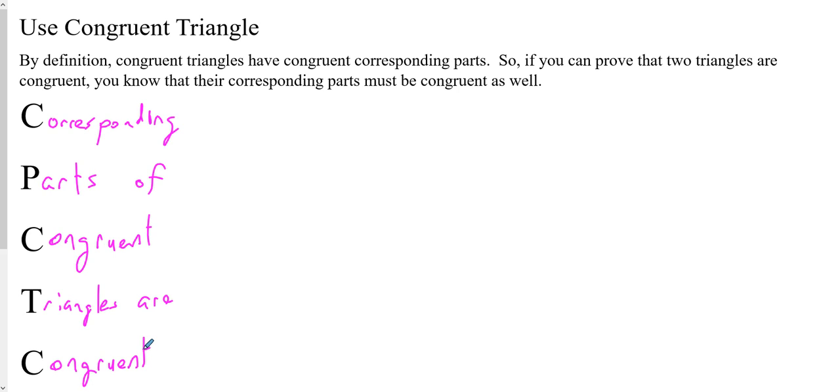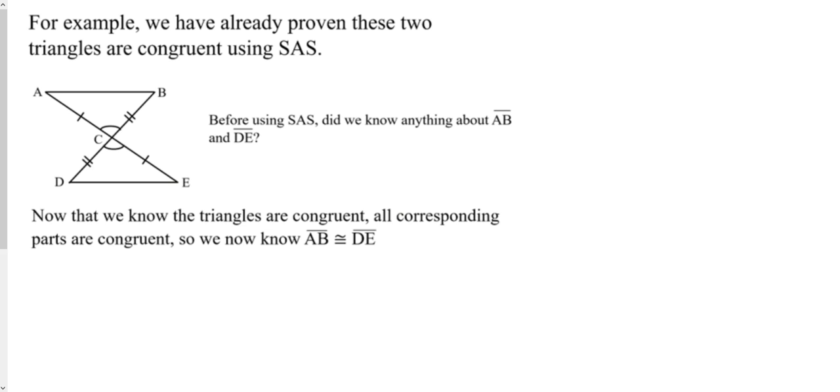So once we know that the triangles are congruent, we know all of the corresponding parts of those two triangles are also congruent. So for this example, we can see here that we've already proven that with these two sides equal, and these two sides equal, and these angles congruent by vertical angles, we can see that these triangles are congruent by SAS. Before we used SAS, did we know anything about side length AB and side length DE?